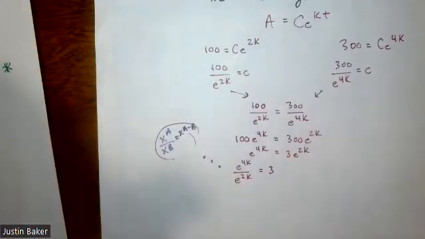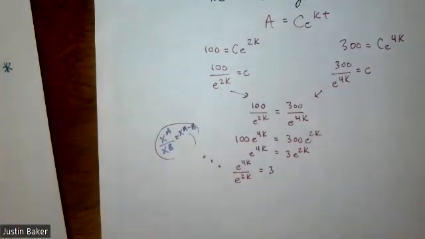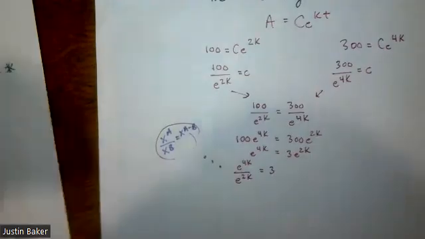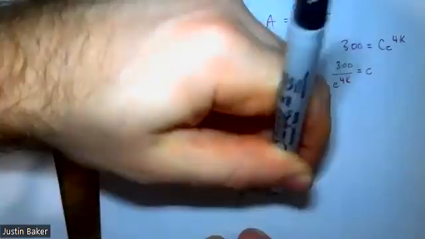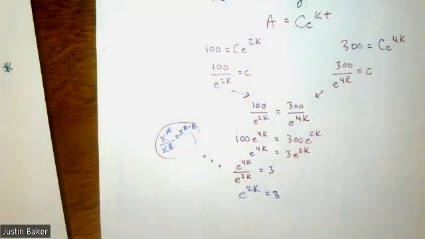So same deal here. This would then be e^(2k) is equal to 3.